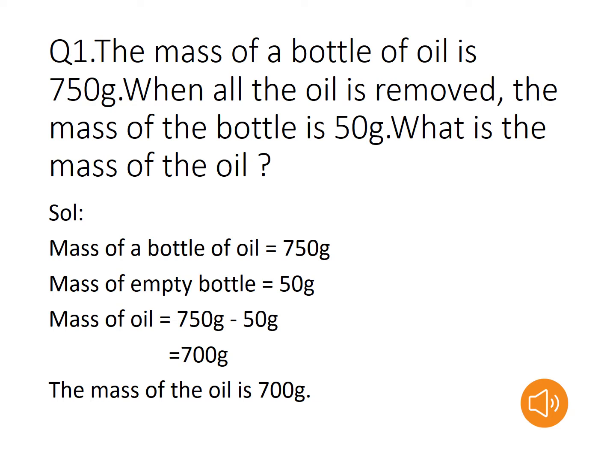In this question, when we are going to remove the oil, we need to understand that this is a question about subtraction. We are removing and we are subtracting something. So 750 gram minus 50 gram is equal to 700 gram. At the end we will write the final statement. The mass of the oil is 700 gram.